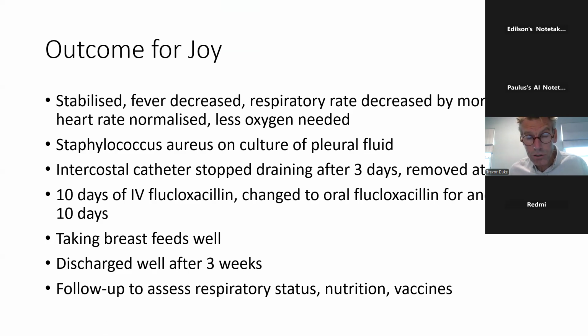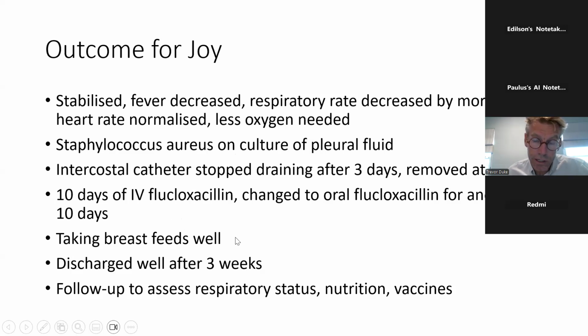The outcome was good. She stabilized, her fever decreased because the pus was drained out, her respiratory rate decreased, her heart rate normalized. She needed less oxygen by the next morning. Staph aureus, not surprisingly, was grown on pleural fluid. The intercostal catheter stopped draining after 3 days, and that was removed. And she had 10 days of IV flucloxacillin, and that was changed to oral fluclox for the rest of the 10-day period.